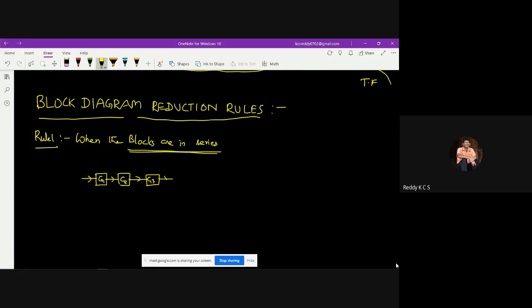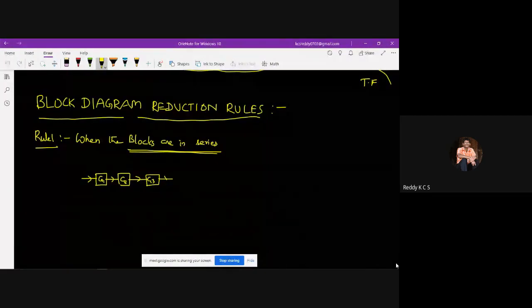In a complicated block diagram, you may come across this kind of situation when you're representing a physical system with a block diagram, where the blocks are in series.